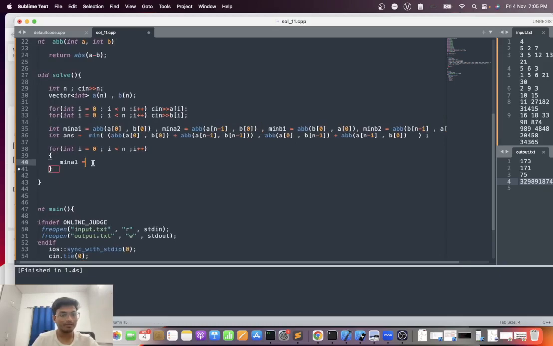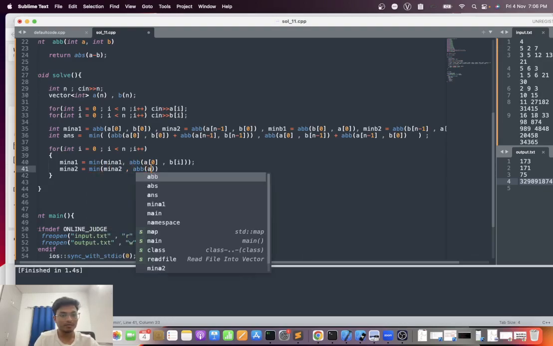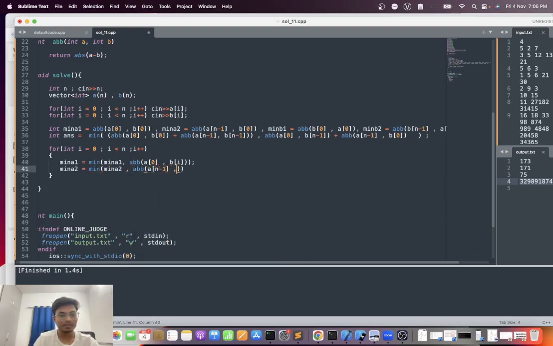So minimum of a will be minima of a, the abb value from a node to bi. Now minima of a2 is equal to minimum of the absolute value of a of n minus 1 and b of i.